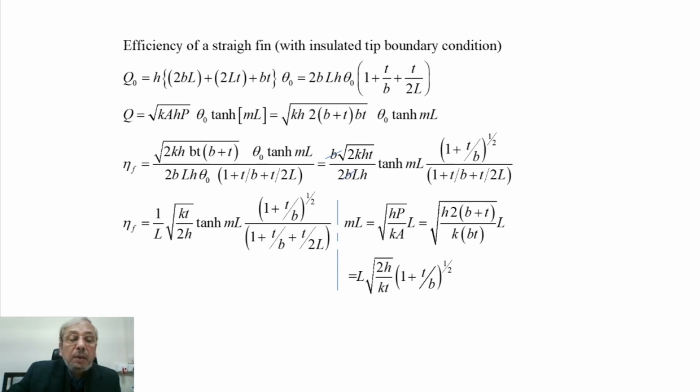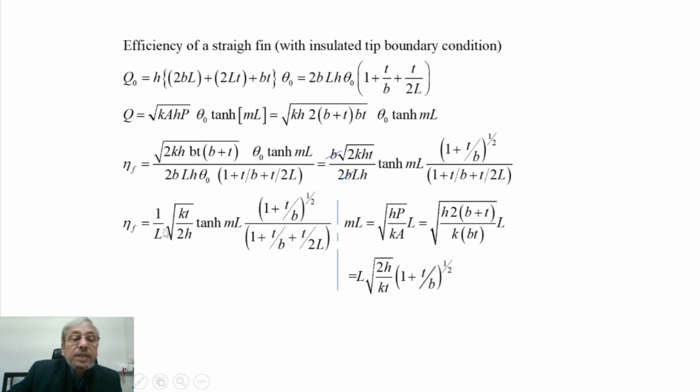If you have any doubt, you can look into it carefully from the resource material, and it is very simple algebra. I have not discussed step by step. I have given what is the expression for L, and finally ML, and then how it looks like, and exactly we get this term: root over 2h, ml equal to L into root over 2h by kt into 1 plus T by B to the power half.